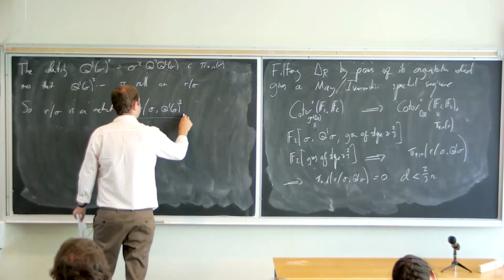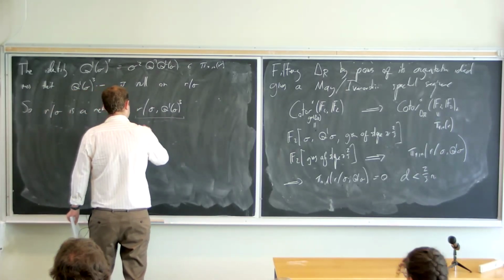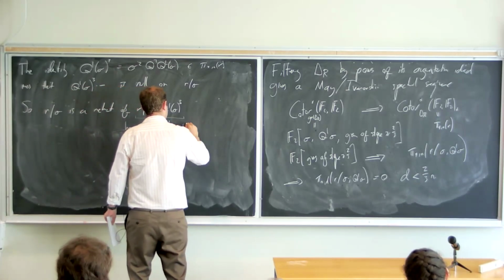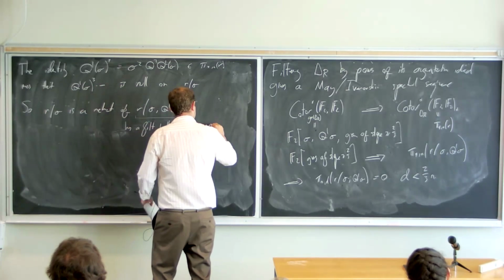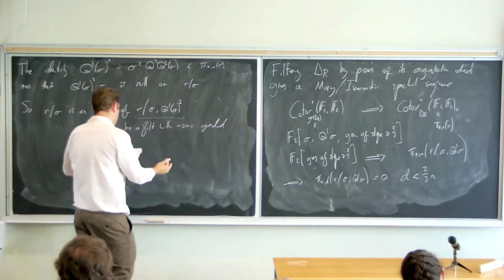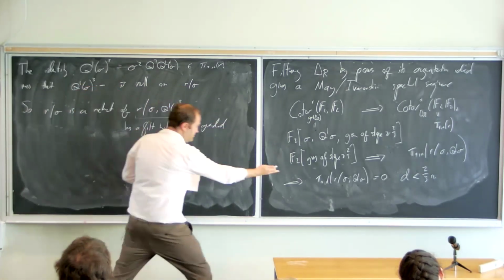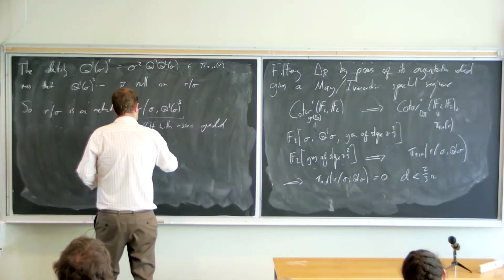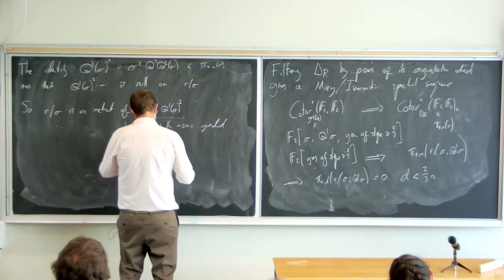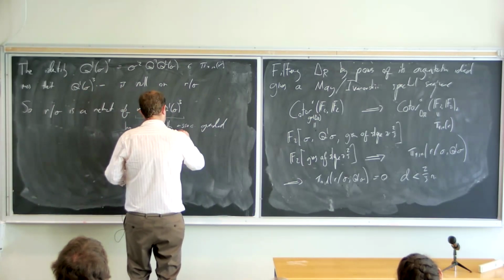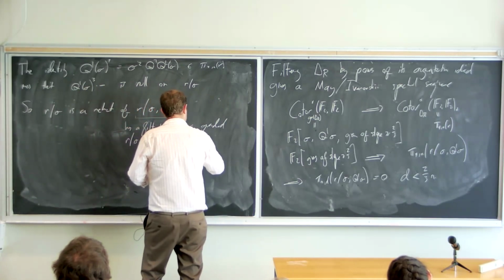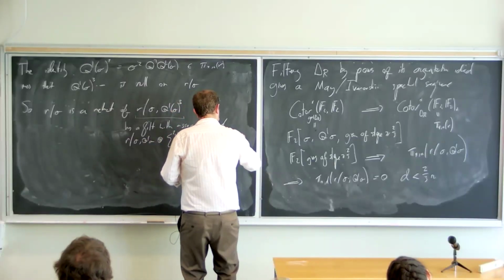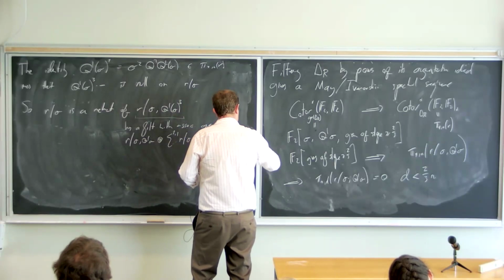But this has a filtration with associated graded 3 copies of the one down here. So it has R mod sigma, Q1 sigma, and then I think it has a 2,1 suspension of the same, and then I think it has a 4,2 suspension of the same.